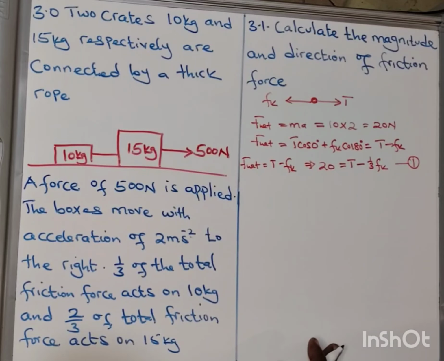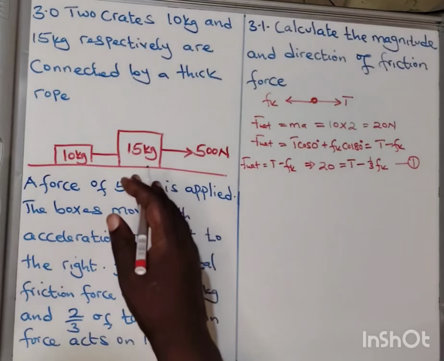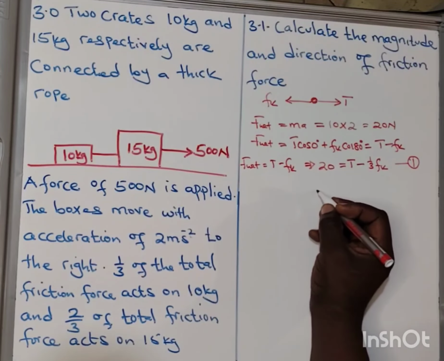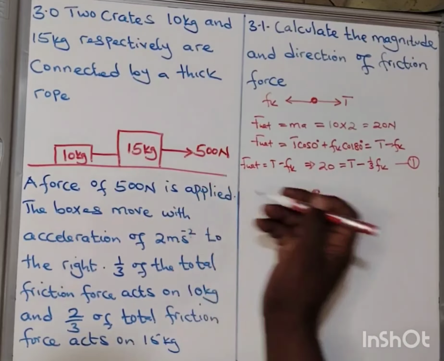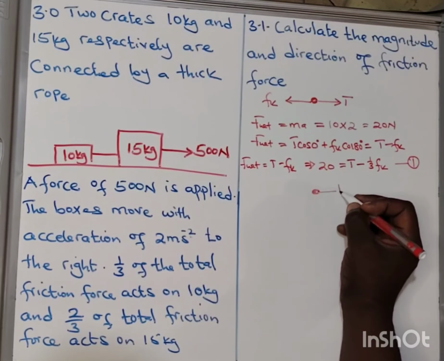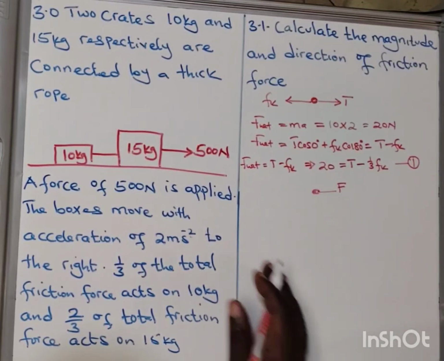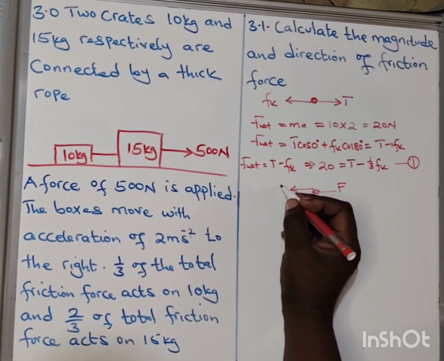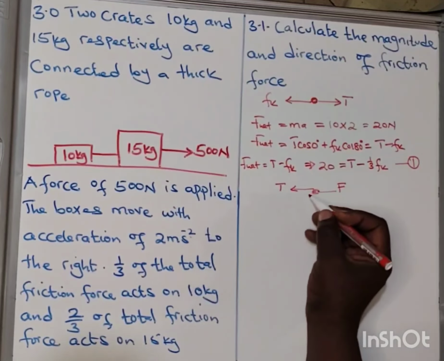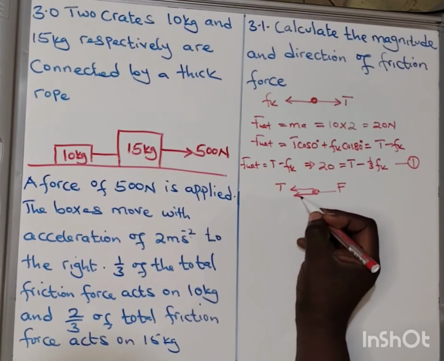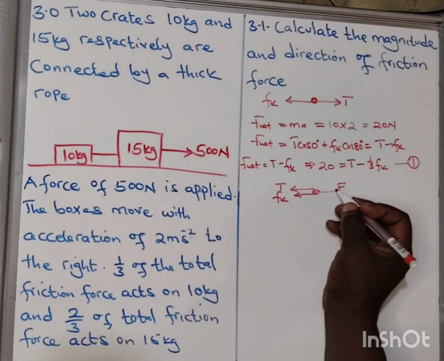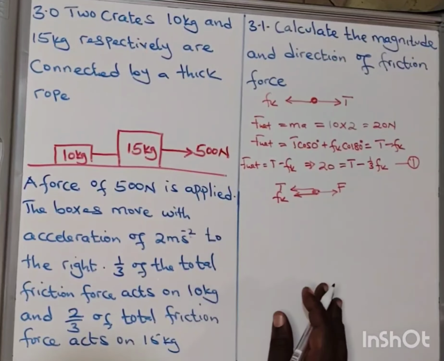Okay. So what do we do next? Next, you look at the free body diagram of the 15 kg. It has that force, let us call it force applied. It has the string which comes with tension. And there is friction force as well. So with that, what do we know?